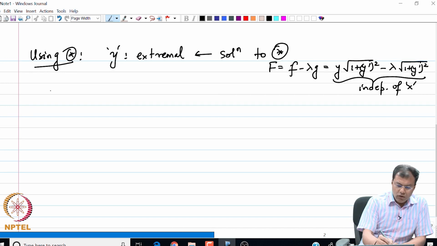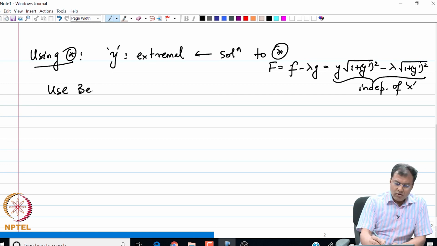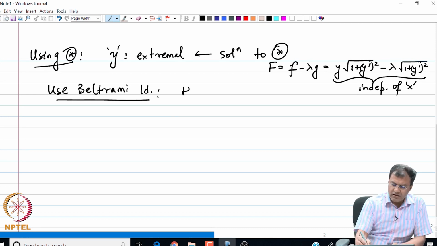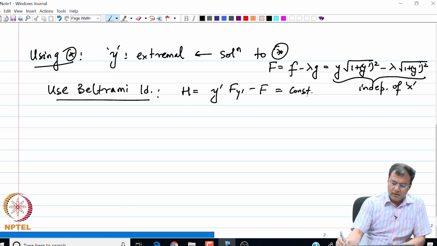Which means we can very well use the Beltrami identity, which says that H given by y prime F_y' minus F, where the subscript y prime denotes the partial derivative of capital F with respect to y prime, is set equal to a constant. Let me call this C0.